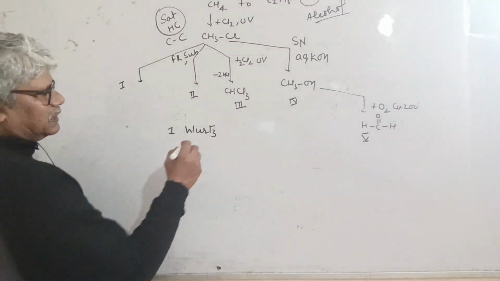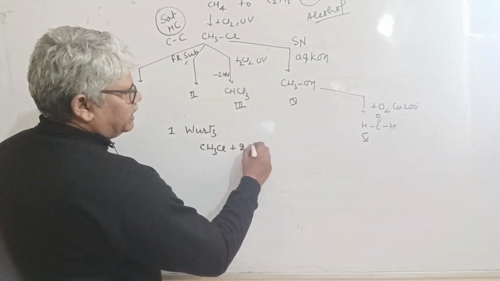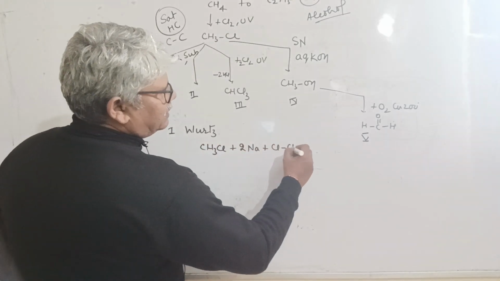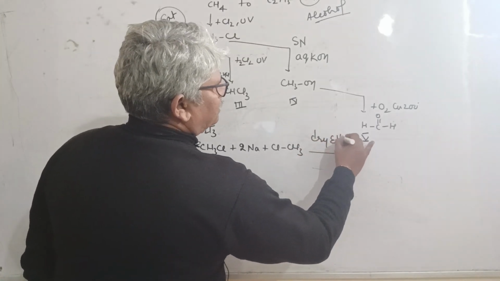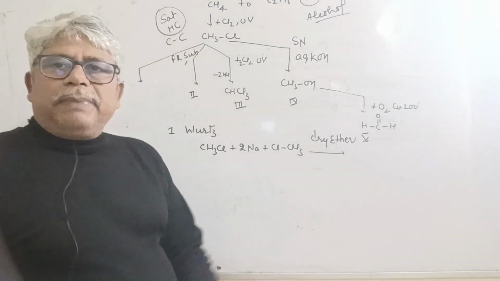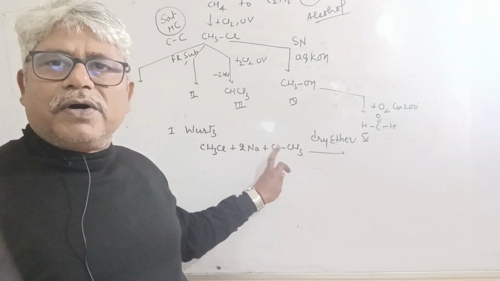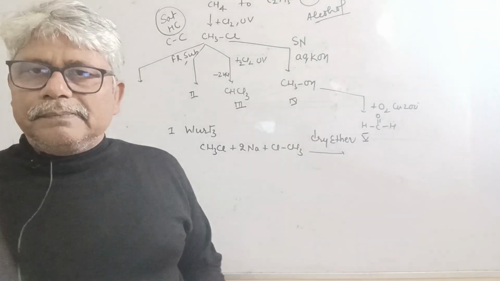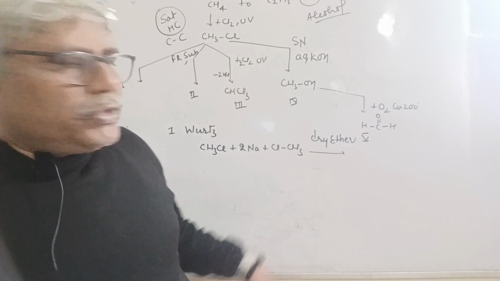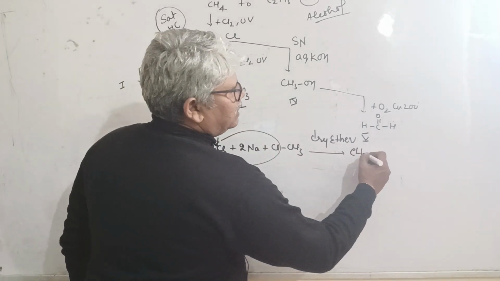What is Wurtz reaction? Methyl chloride with 2 sodium and another molecule in the presence of dry ether. Now this is interesting. Please remember, whenever you take an organometallic reaction, organo means organic and metallic, always put dry ether, otherwise it will explode. So 2 sodium chloride are released and ethane is formed.